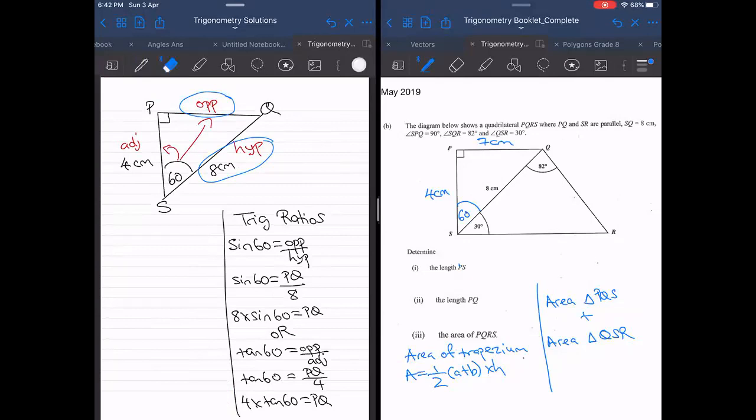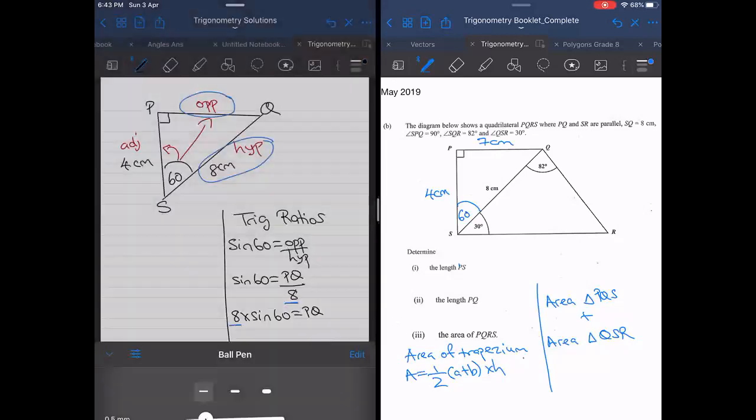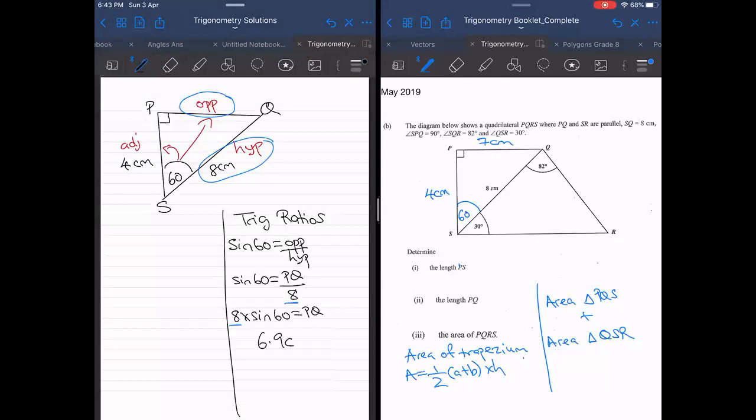And if you just wanted to use the opposite and the hypotenuse, then that means you'd have to use sine. And then the 8, which is divided, when you take it across, you multiply. So you put that in a calculator and you're going to get 6.9.